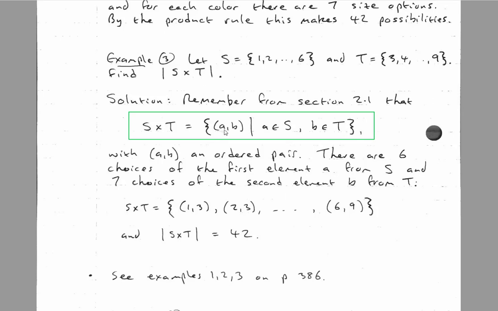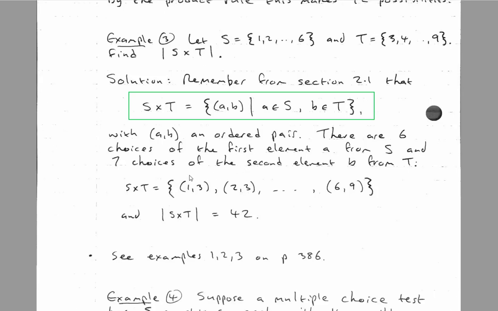Well, the A is coming from the set S. Our first task is to choose A. And then the second task is to choose the second element, coming from the second set. You can see T has, in fact, 7 elements, so 7 choices.